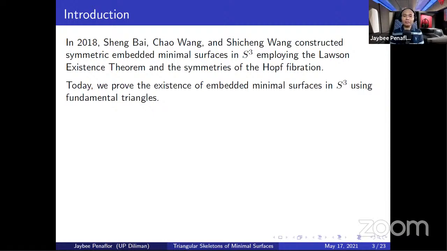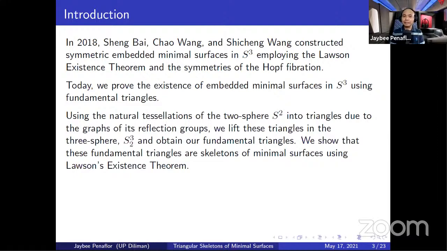The triangles also have edges that are geodesics, and the 3 internal angles of the triangle are also an integral fraction of pi. Now we will be using the natural tessellations of the 2-sphere S2.